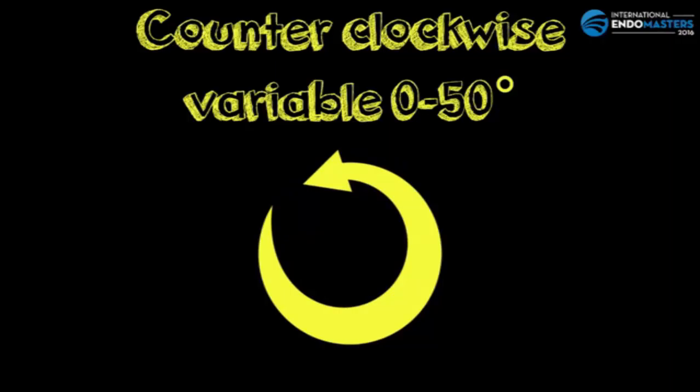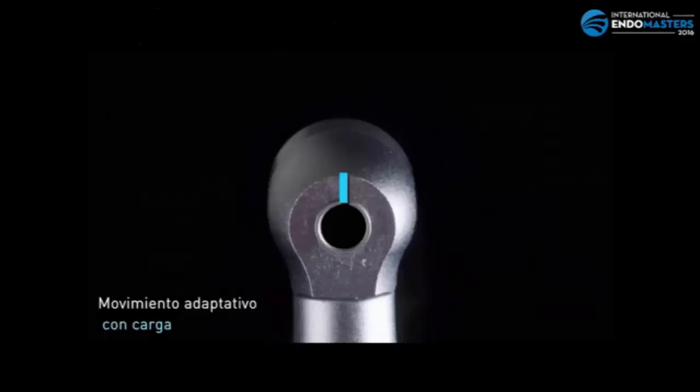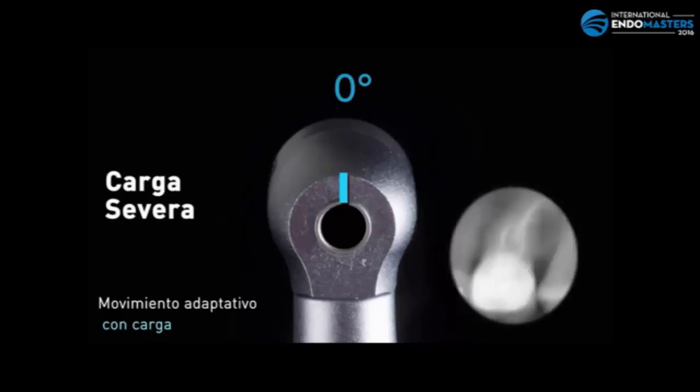This varies between 0 and 50 degrees. With a severe curvature, the movement is going to be 370 degrees to the right and 2 degrees to the left.